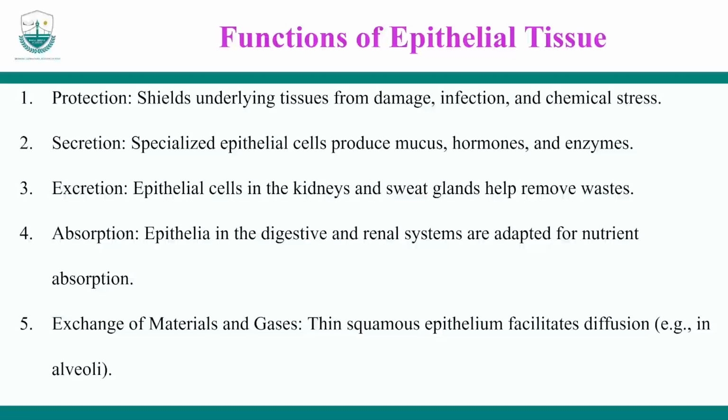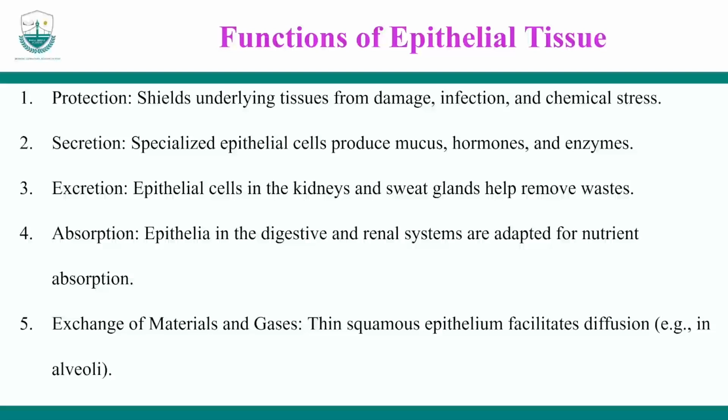So epithelial tissue is very important for many reasons. To remember the different functions of the epithelial tissue, just remember the different types. Ciliated epithelium moves different materials. Stratified epithelium provides protection, and transitional epithelium allows expansion of organs. Then epithelium that has goblet cells can produce secretions.